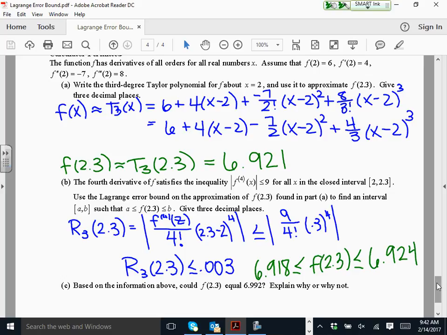Would f of 2.3 be equal to 6.992? Is that a possibility? No, because it's not in that interval, right?